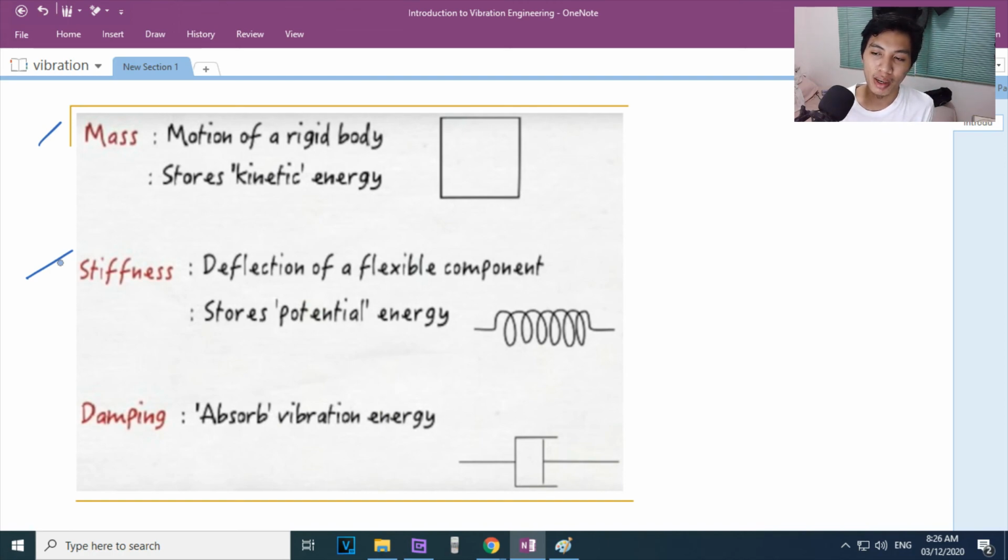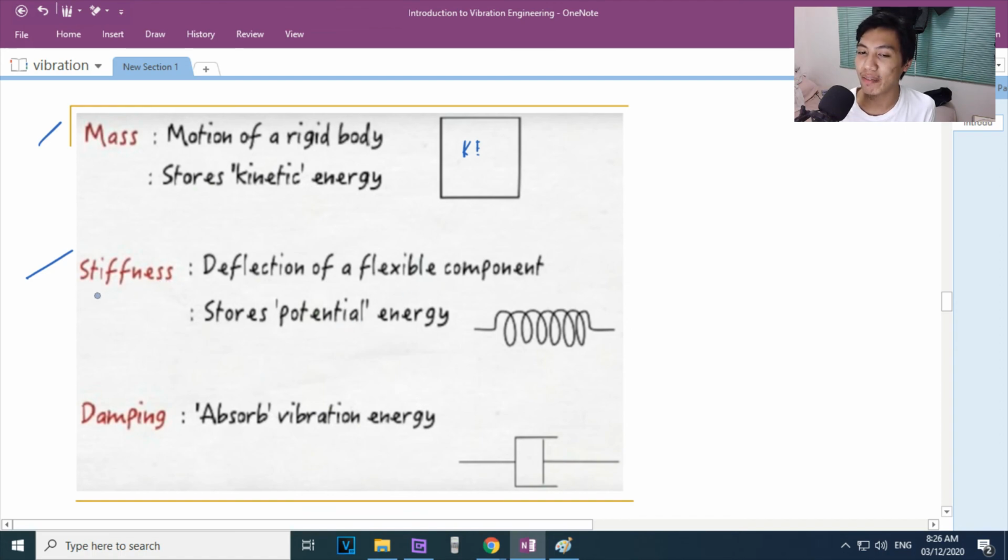Okay? When a sudden impact from a moving body having a kinetic energy, ilalaglag mo sa isang spring that has a potential energy. That potential energy will have equilibrium with your kinetic energy. And kinetic energy will somehow be absorbed by your flexible component, which has a certain stiffness.